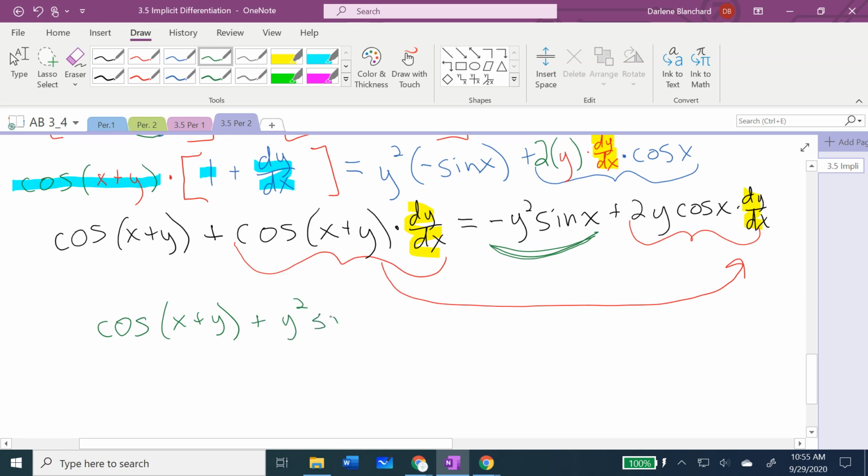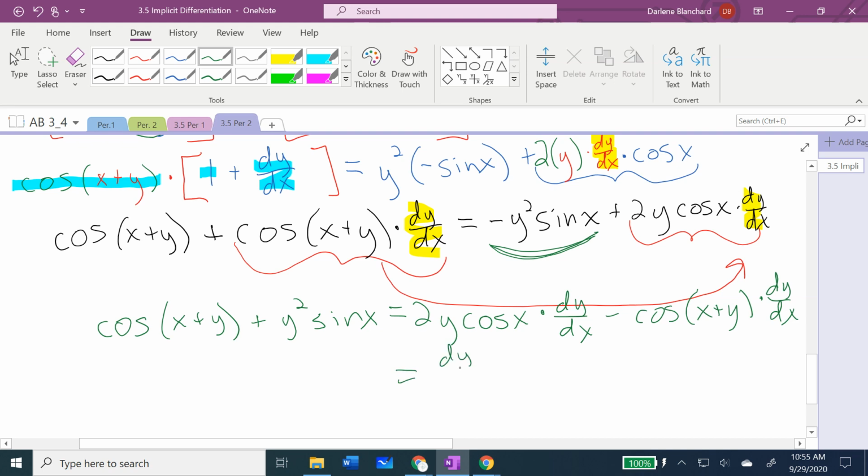That doesn't have dy/dx as a factor. On the other side of the equal sign, I have my 2y times cosine x. Oh yeah, I was going to do this in one swoop, wasn't I? Actually, I've already started, so minus the cosine of x plus y times dy/dx.